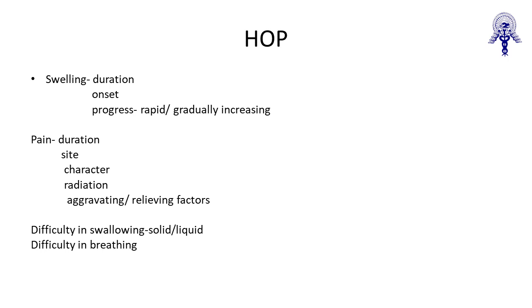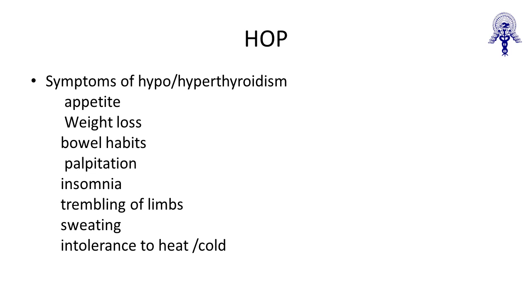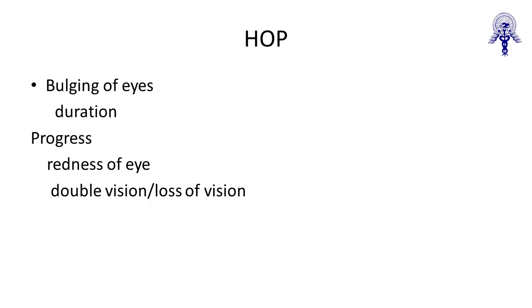Sometimes thyroid cancers with bilateral recurrent laryngeal paralysis may come with respiratory distress. That is a very difficult situation. Symptoms of hypo and hyperthyroidism like appetite, weight loss, bowel habits, palpitation, insomnia, trembling of limbs, sweating, intolerance to heat or cold. Also the bulging of eyes: duration, progress, redness, double vision or loss of vision.